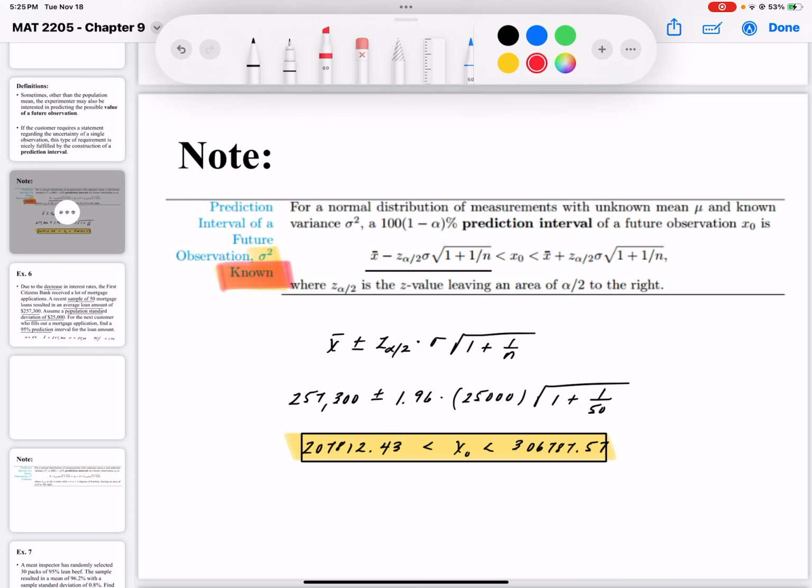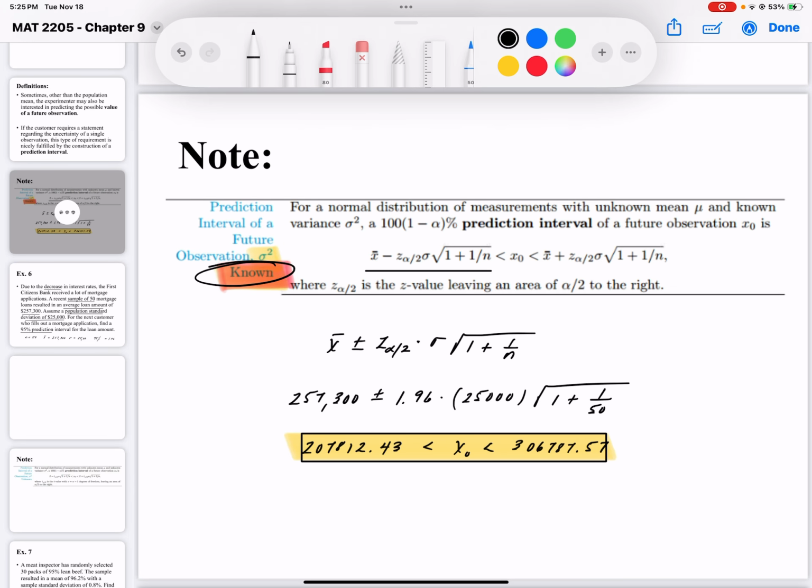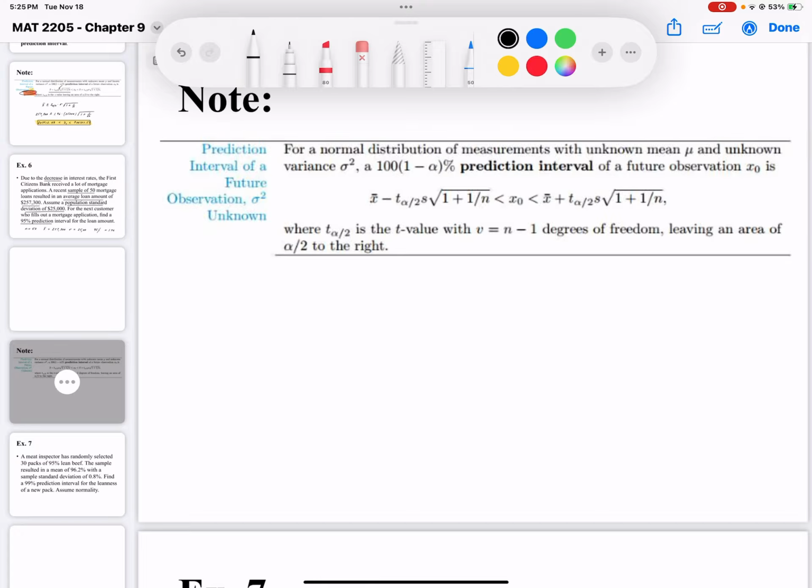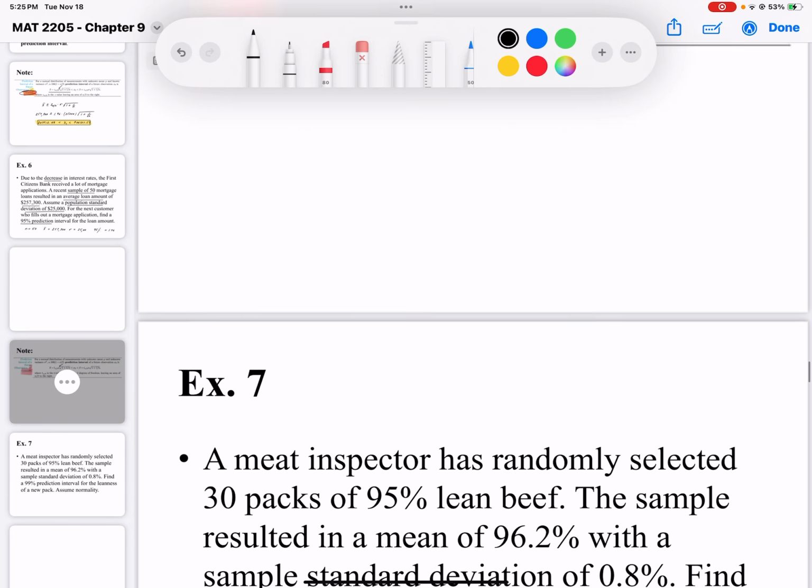I put it in red there. Known, right here, and I notice that I have sigma there. Well, this next formula clearly says our variance is unknown, and it's very subtle, but there's an S here now. That's the only difference.